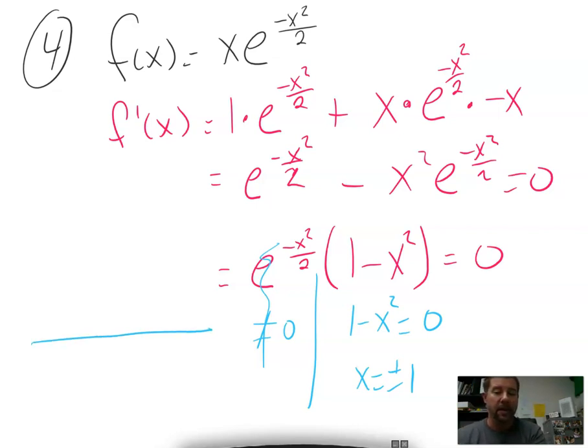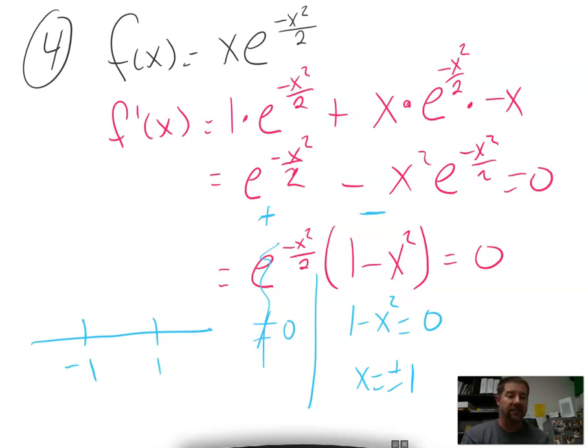Drawing my number line now, I'm going to put a negative 1 and a positive 1. And I now need to test my intervals. When I plug in a number that is smaller than negative 1, like negative 5, e to the whatever is always going to be positive. E to any value is always a positive answer, so I don't really care what number I get. I just want to know that it's positive. When I plug in negative 5 here, I get 1 minus 25, which is negative.